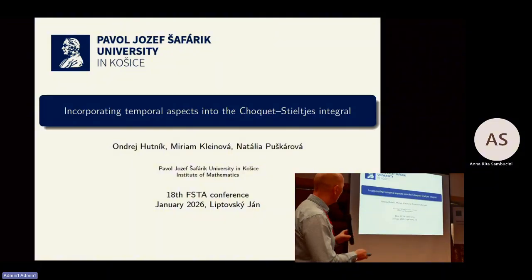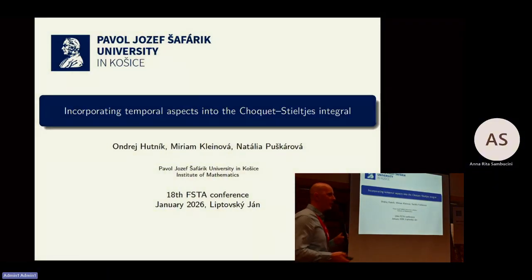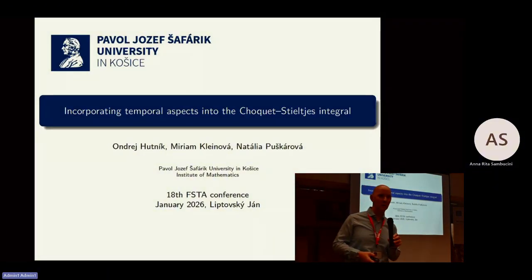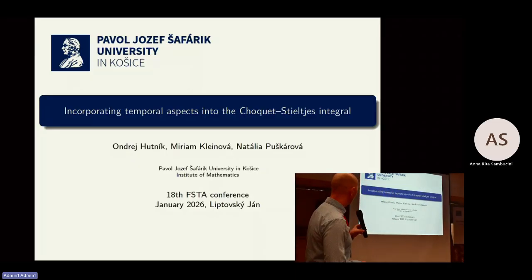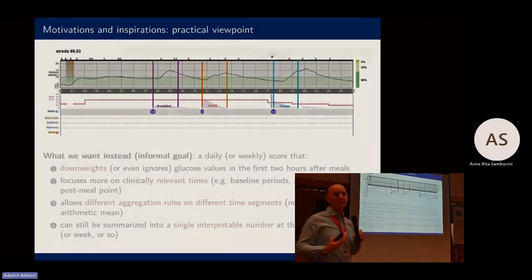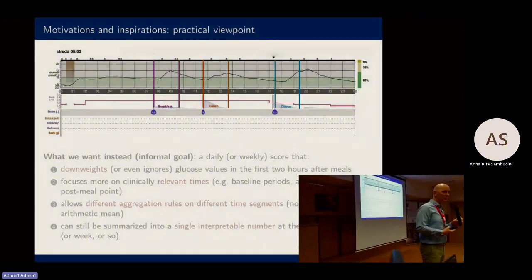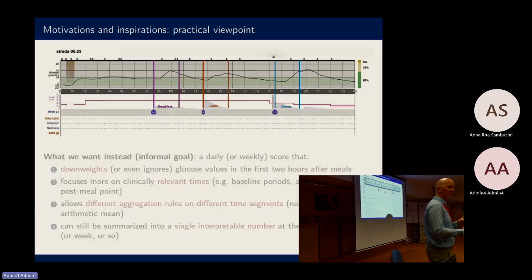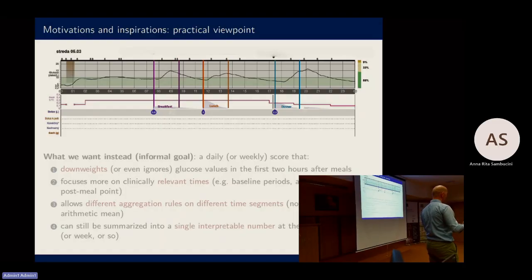So let me briefly introduce the idea behind such a complicated thing as I will present. First of all, I am a theoretical mathematician. It means I like proving theorems about properties. I like to study new objects, and I do not worry about the applications. So usually the last question from the audience is, what is it good for? My usual answer is, I don't know.